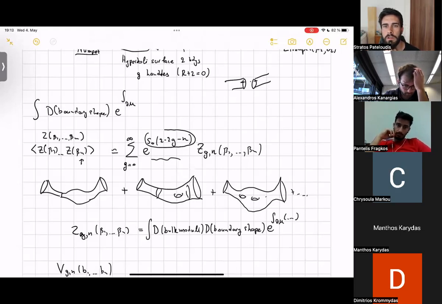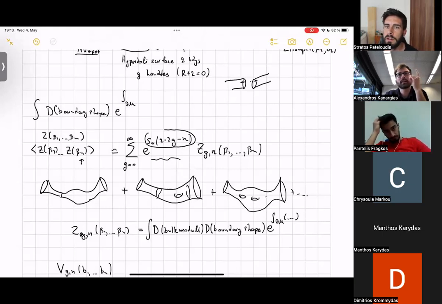These matrix models have neither space nor time, so 0 plus 0, I would guess. Yes. Okay. That seems different from the usual theory living on the boundary, right?